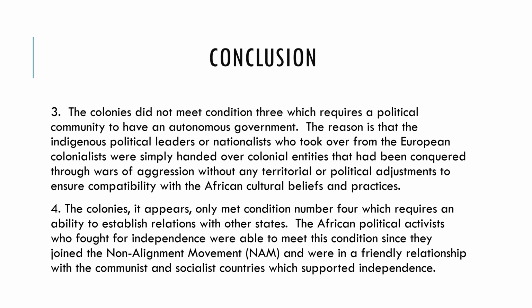The colonies, it appears, only met condition number 4, which requires an ability to establish relations with other sovereign states. The reason is that the African political activists who fought for independence were able to meet this condition since they joined the non-aligned movement and were in a friendly relationship with the communist and socialist countries which supported independence for them.